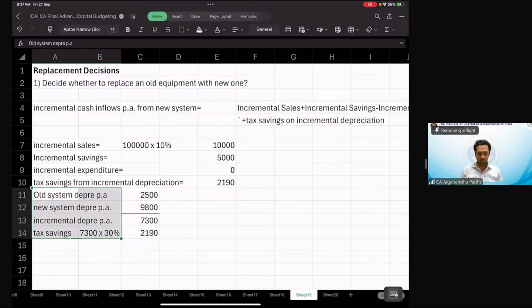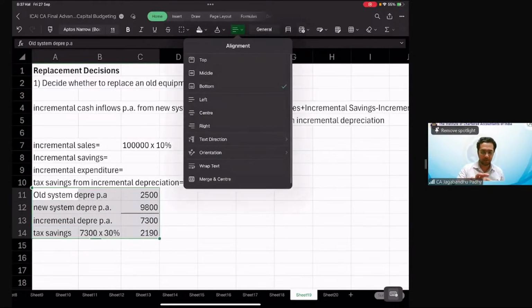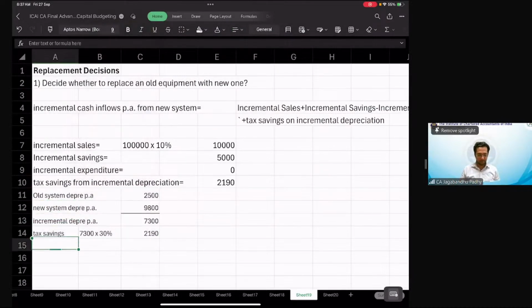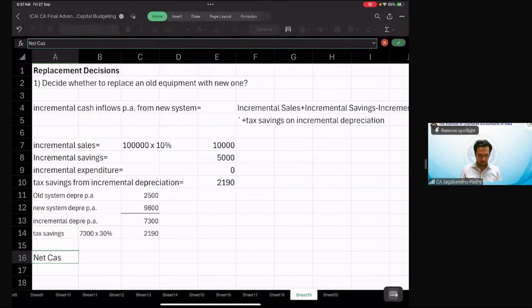So if I ask you, what's the overall impact in cash flow per annum? Net cash flow or net incremental cash flow, I can say. Net incremental cash flow per annum from the new system.